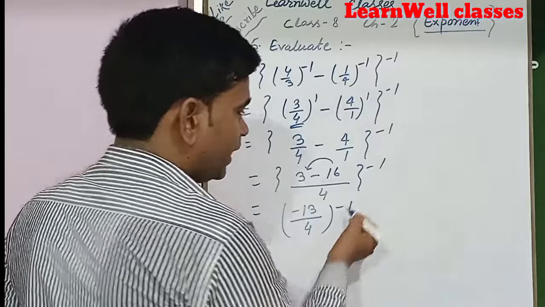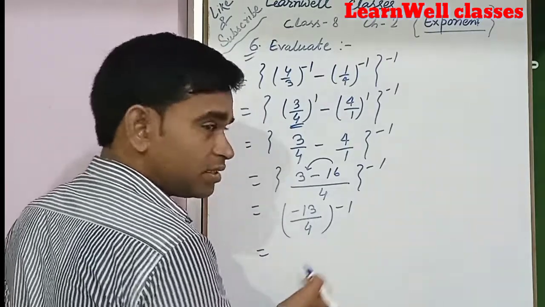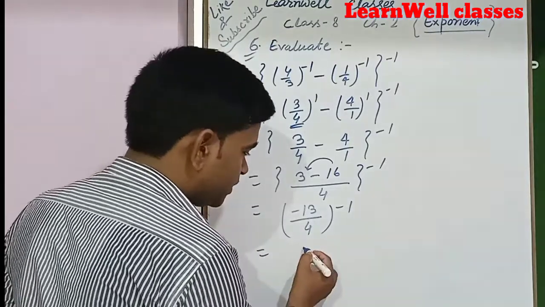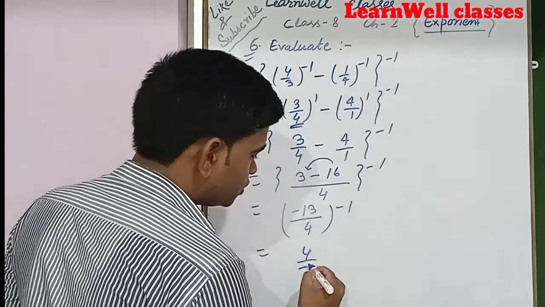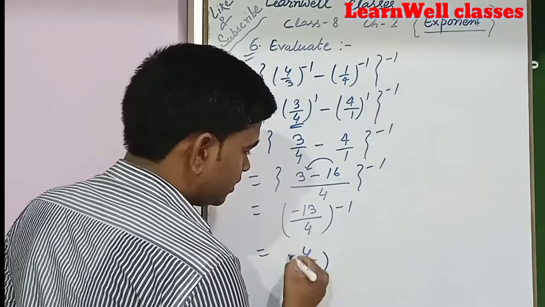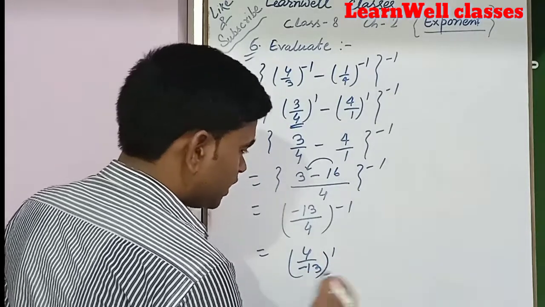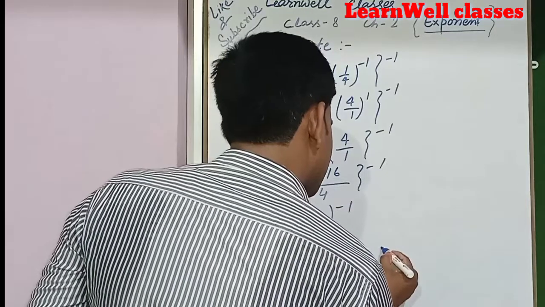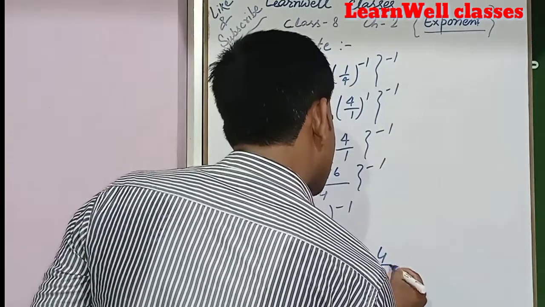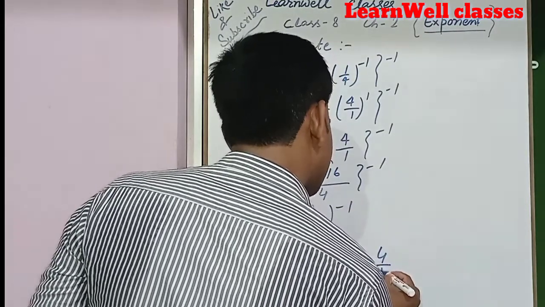When the exponent is in minus form, it will be reversed: 4 upon minus 13 raised to the power 1, because the exponent is 1, meaning the number is multiplied by itself only 1 time.